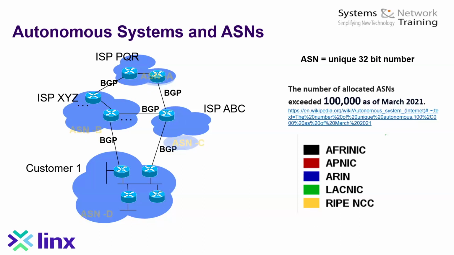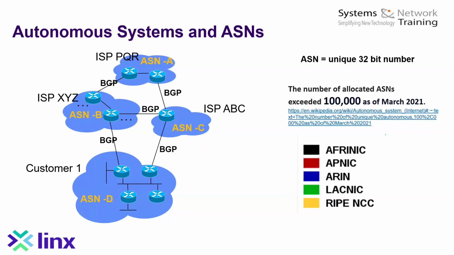Well, as a first step in route identification, an organization is said to group its routers into something called an autonomous system. So an autonomous system is a grouping of routers within a given organization.